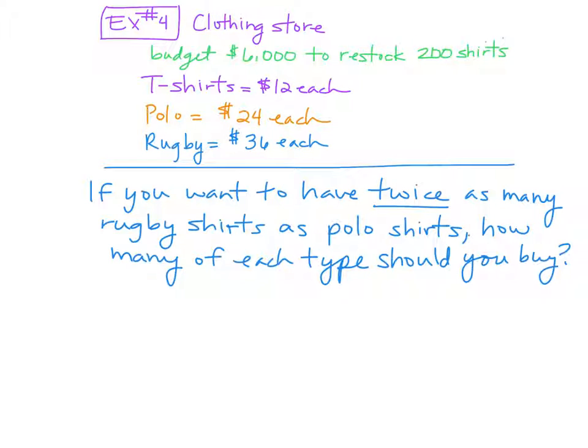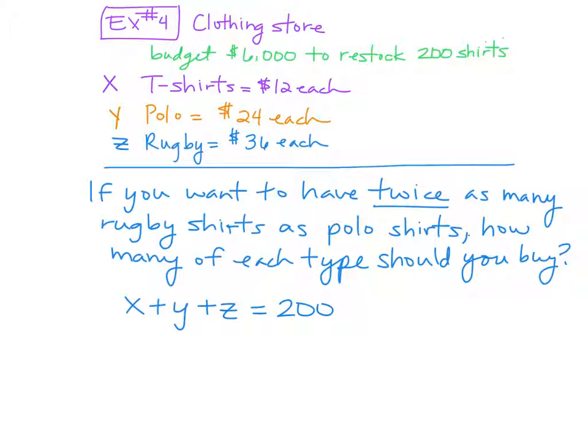T-shirts are going to be our X, polos are going to be our Y, rugby shirts are going to be our Z. So what is X plus Y plus Z going to equal? 200. You have 200 shirts, so X plus Y plus Z has to be 200.